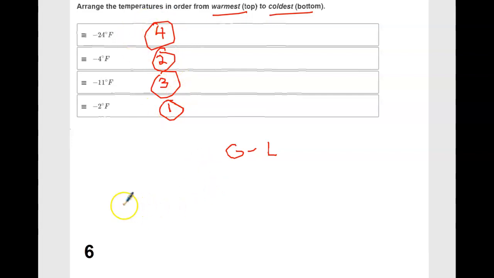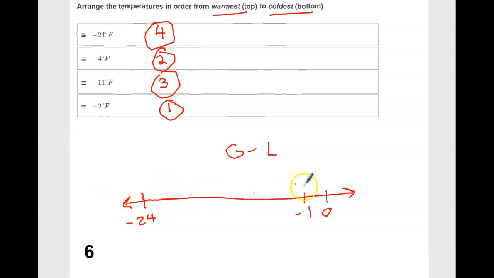This one might also be helpful to just draw a number line. If I have, and they're all negative, so I'm going to put 0 over here. So you'll have negative 1 here, and I don't necessarily need to fill them all in, but just to give you a visual on it, negative 24 would be way down here, which means the others are fitting somewhere in between.